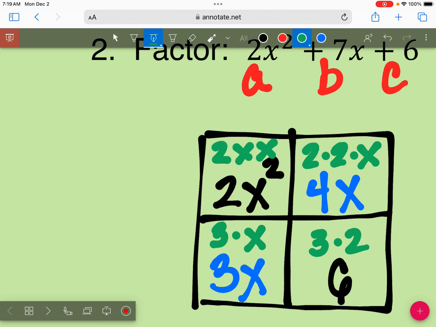So go ahead and take out your GCFs. So you're going to look this direction. And what can I take out of both of these boxes? A 2 and an x. Good.